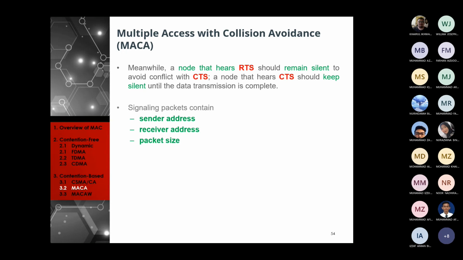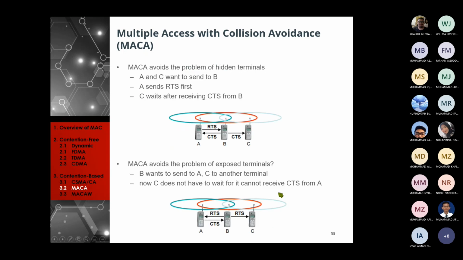So the signaling packet contains the sender address, receiver address ataupun packet size. So MACA avoids the problem of hidden terminal. Tak macam CSMA tadi kan. So A and C want to send to B, A sends RTS. First C waits after receiving CTS from B.